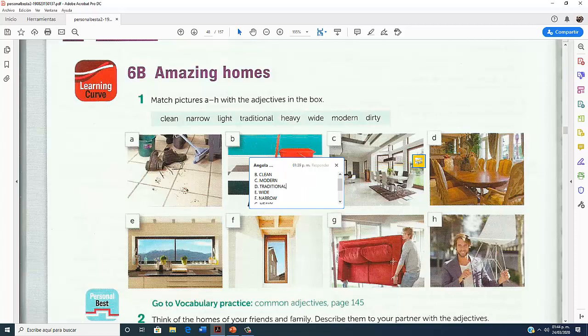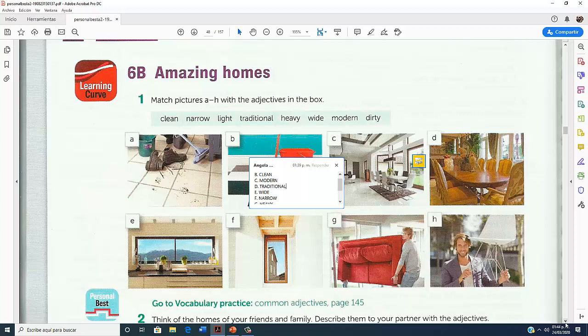So you say heavy, light, dark, light. But in this case, this light is describing the chair. It's very light. It's not heavy. But you know that light has two different meanings: to talk about the weight, the opposite of heavy, or also when there is a lot of light in a place.